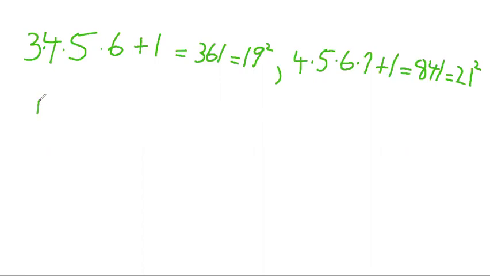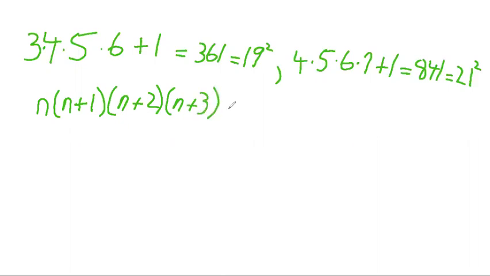Rather than call it 3 or 4, I'm going to call it n, right? What's the next natural number? n plus 1. What's the next natural number? n plus 2. And so we're just writing down a generic expression, not dependent on a particular starting point, plus 1.